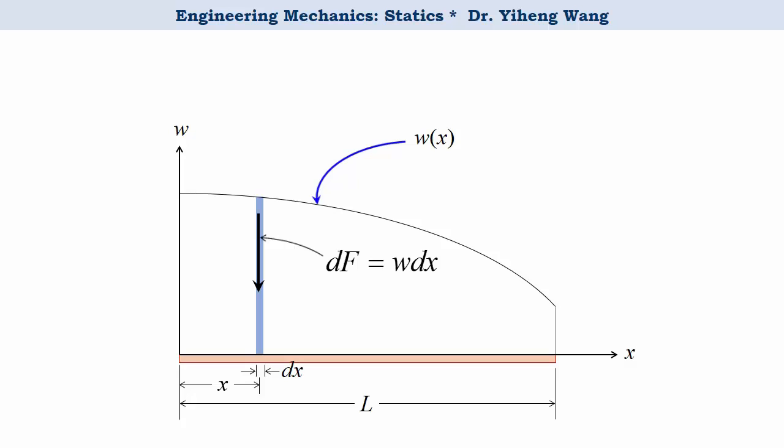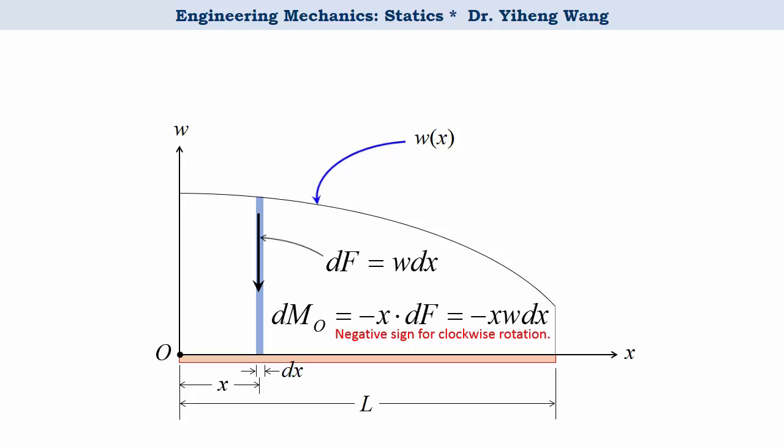And we can also calculate the moment of dF about any point, but for convenience sake, let's say point O. And dM_O will be x times dF, that equals x w dx.